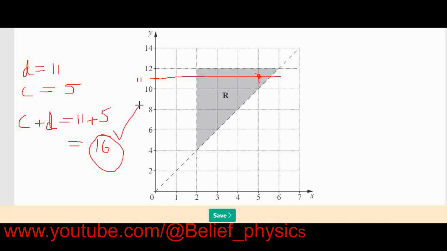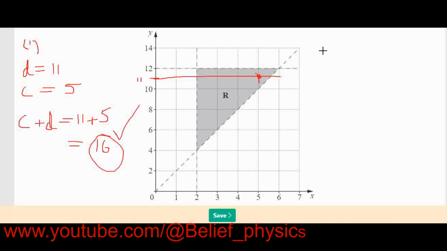This is part 1 of B. We now solve the next part, which is the value of d given that d is equal to 3c.